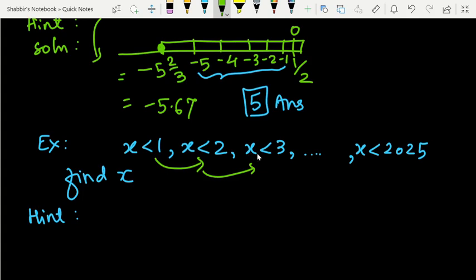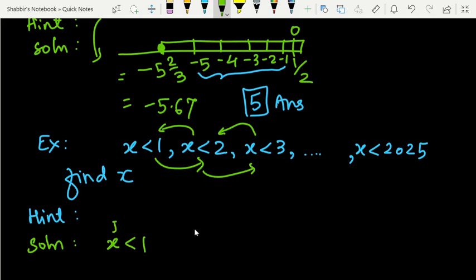Each inequality on the right is a superset of the previous inequality. x less than 3 contains x less than 2, guys. x less than 2 contains x less than 1. That way, if you think, then you will directly say the answer is x less than 1.